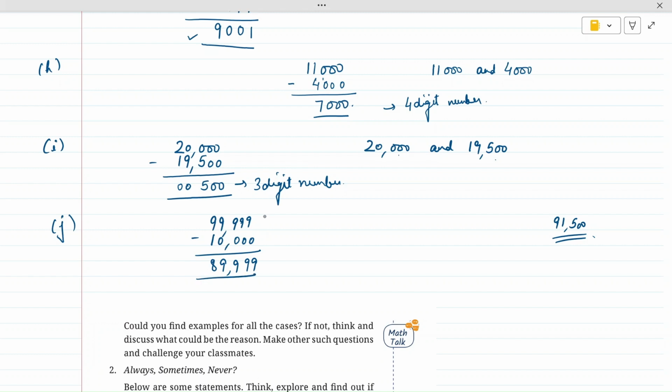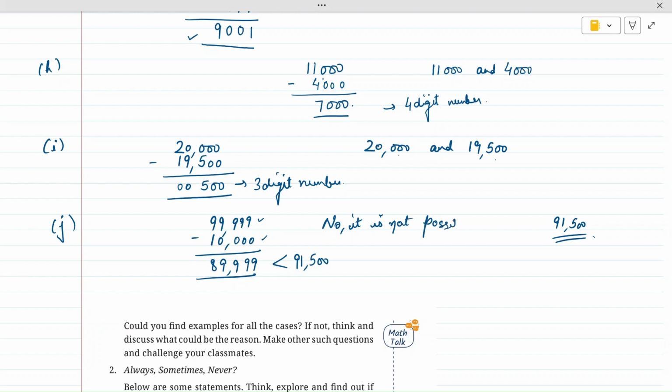It means that even if we take the highest and the smallest 5-digit number and take out a difference from them, that difference is also less than 91,500. So that means there are no two 5-digit numbers whose subtraction will give us this. So we will write no, it is not possible.